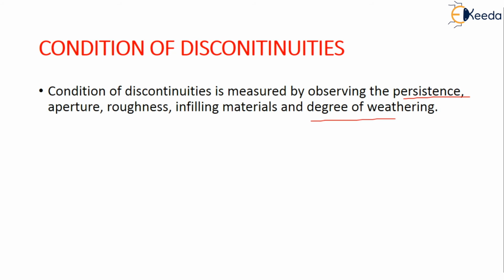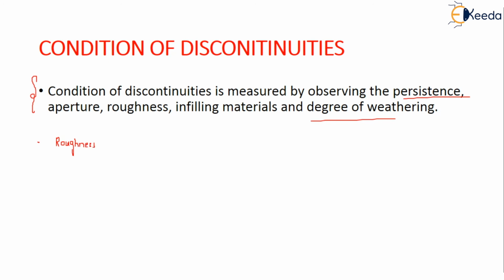Here, the roughness, or the nature of the asperities in the discontinuity surfaces, is a very important parameter which will characterize the condition of discontinuities. Of all these things, the most important thing is the roughness. How is the roughness of the rock?